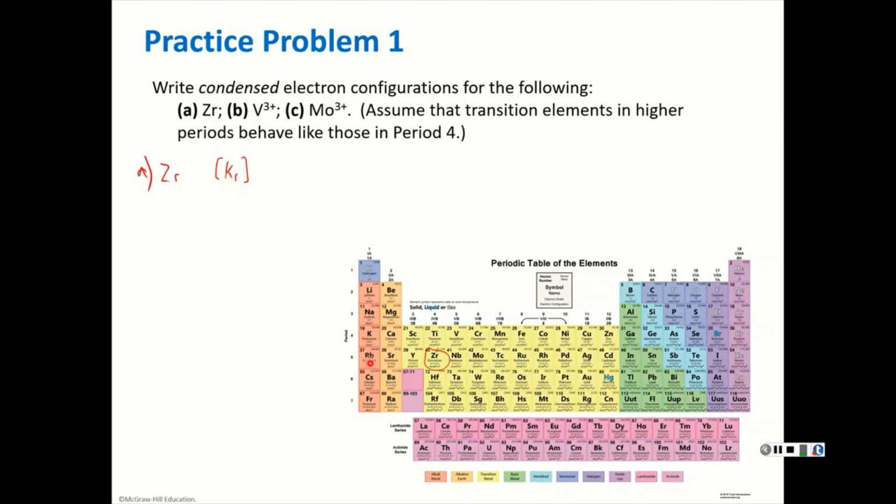Okay, and then we count electrons. So this is the 5th period or 5th row. So that would be 5s1, 5s2 for strontium. Yttrium would be now 4d1, and zirconium is 4d2. So we've filled 2 s electrons and 2 d electrons.